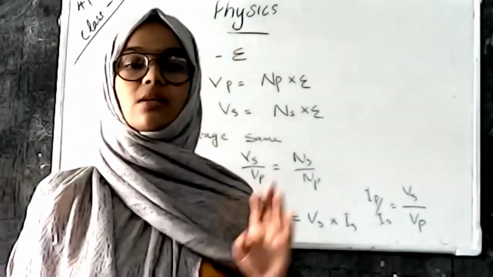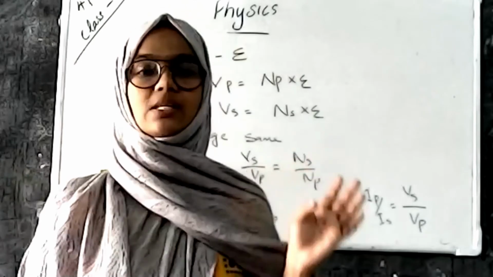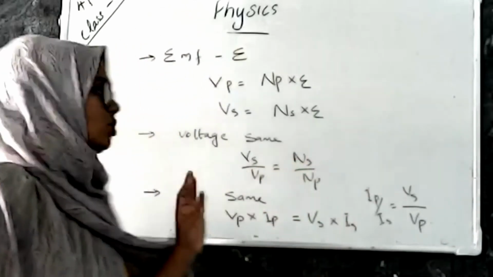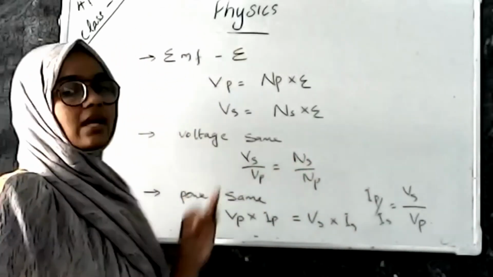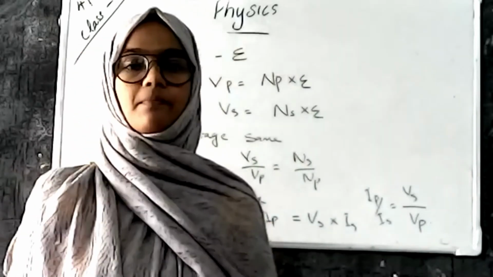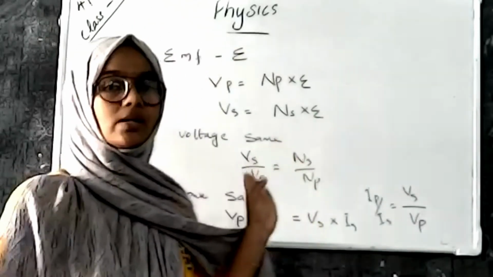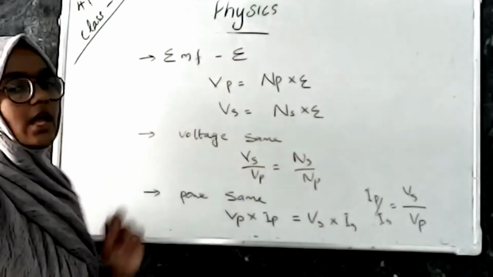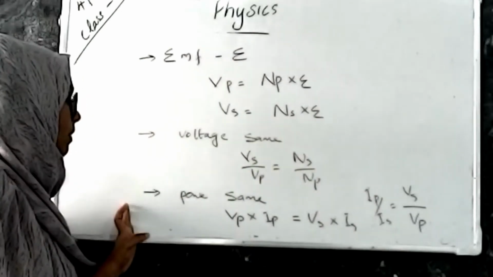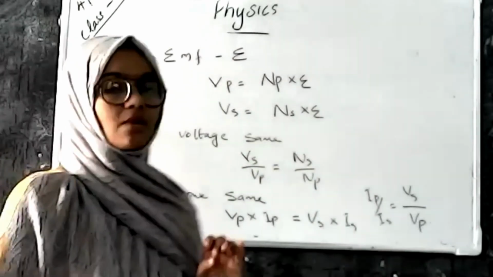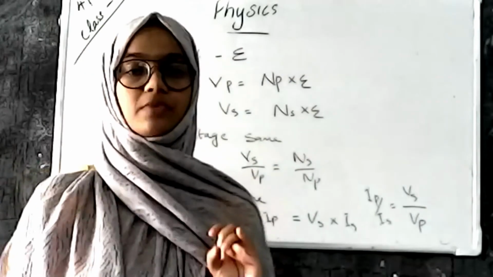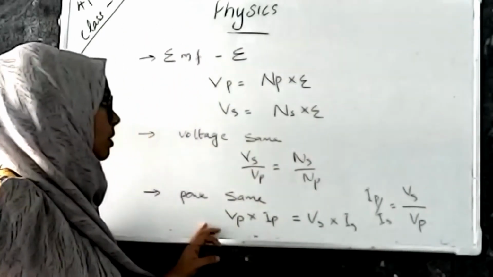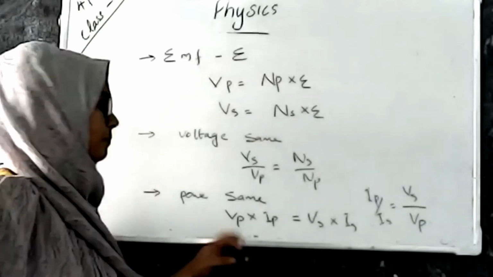The ratio of the number of turns in the secondary and primary is equal to the ratio of the secondary and primary voltage. And at last, we are discussing the power of the transformer.